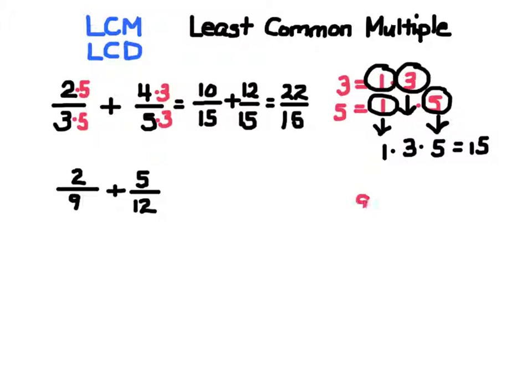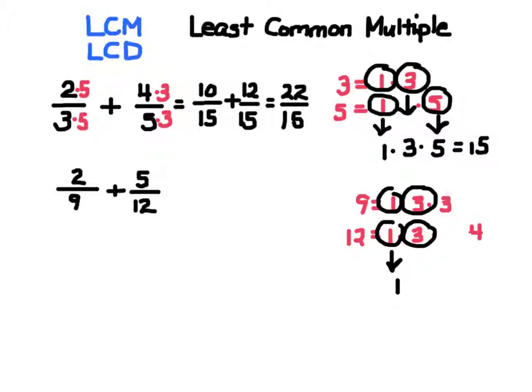9 is equal to 1 times 3 times 3, and 12 is equal to 1 times 3 times 4. So for the least common multiple, well, we take the 1, and you can sort of skip the 1. I suppose that's not quite as necessary. Everything's a multiple of 1. They both have a factor of 3.